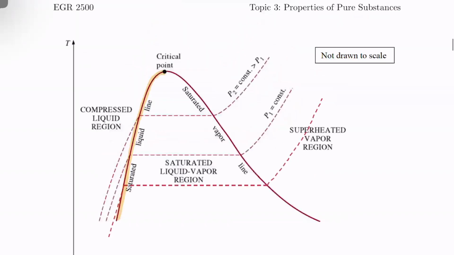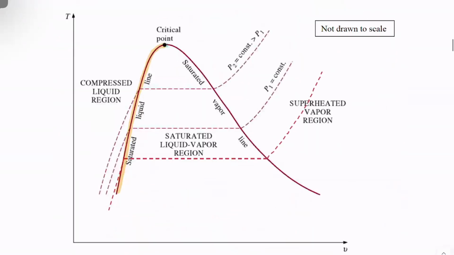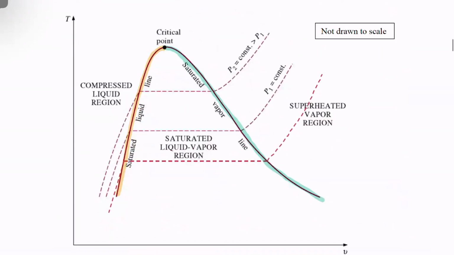And then our saturated vapor line is just the other side of it. And then this whole thing is the vapor dome. If you're in the vapor dome, then you're a mixture of saturated liquid and vapor.